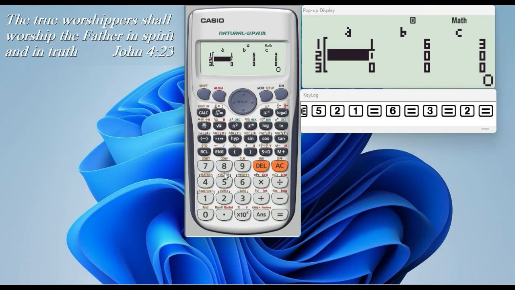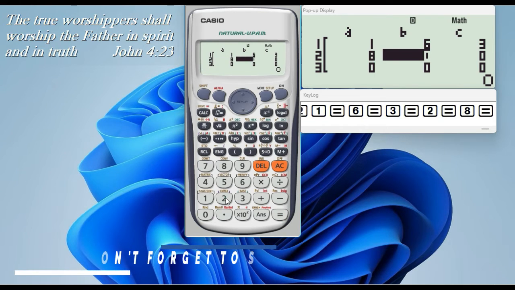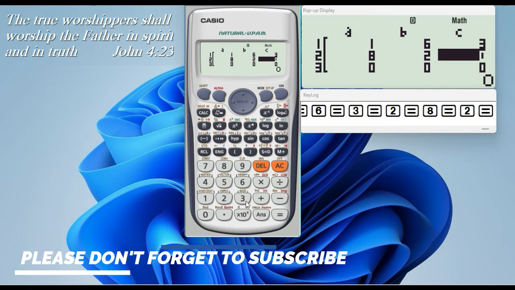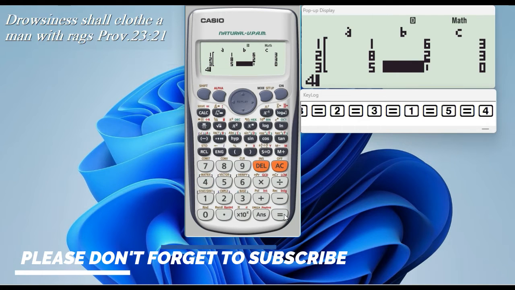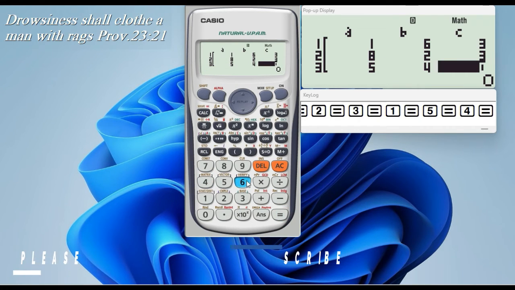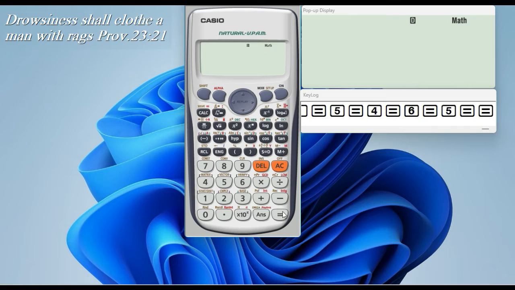Note that in the simultaneous equation involving 2 variables, we only have x and y and the constant, and here we have 3 variables, x, y, and z, so make sure you key in the coefficients correctly. Don't forget the negative attached to the coefficient, it's always important. So we put it inside, then you press the equal sign. You get your x as -3 over that, and then your z as 40 over that.